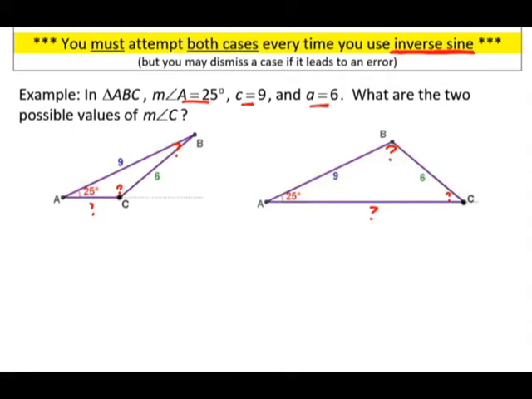So here's how we deal with that. We have a set of opposite parts, which means we're going to use law of sines. It's our only choice. So here's law of sines.